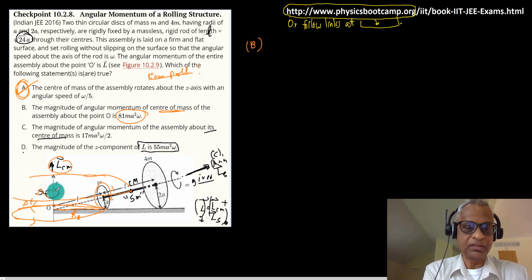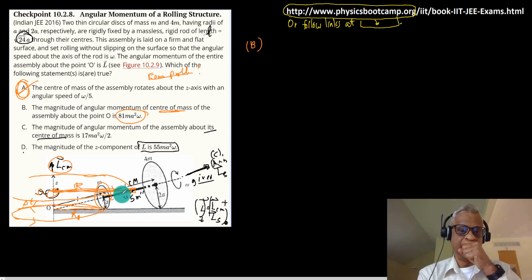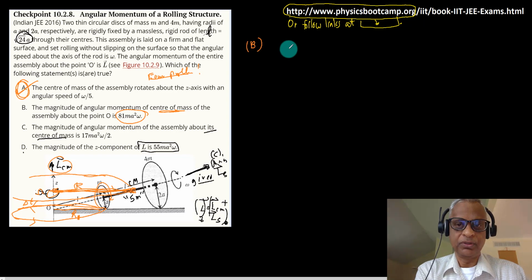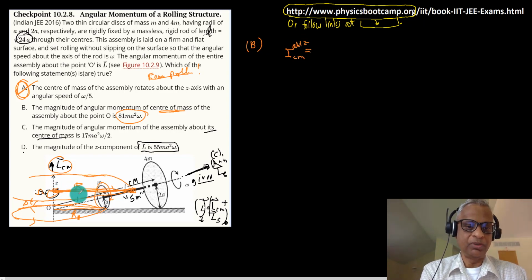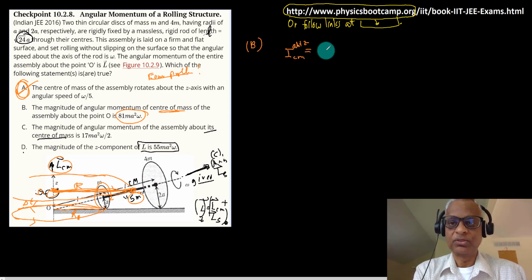If it's going in a circle of radius, say, capital R, then this moment of inertia, ICM, about Z, is going to be the entire mass placed over here at the CM, times capital R squared. So that's going to be 5m R squared. We don't know R yet.